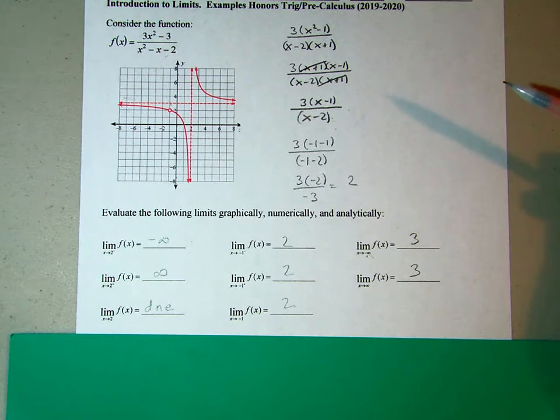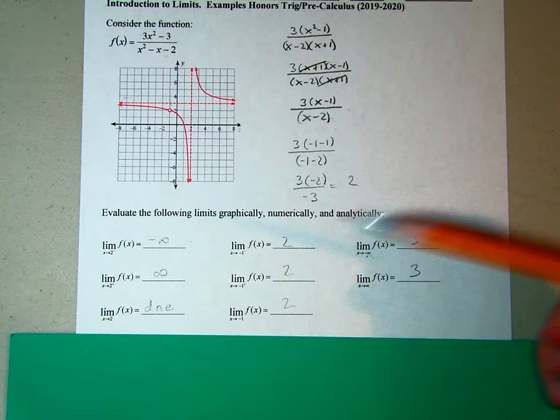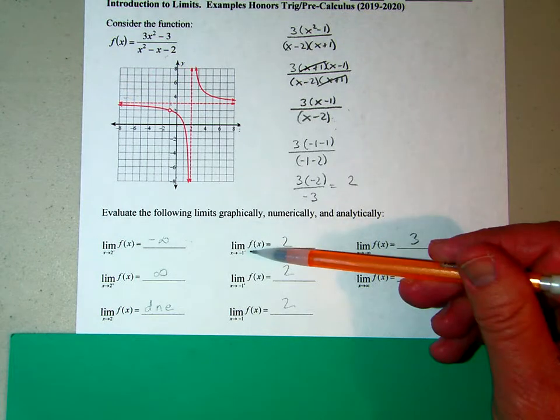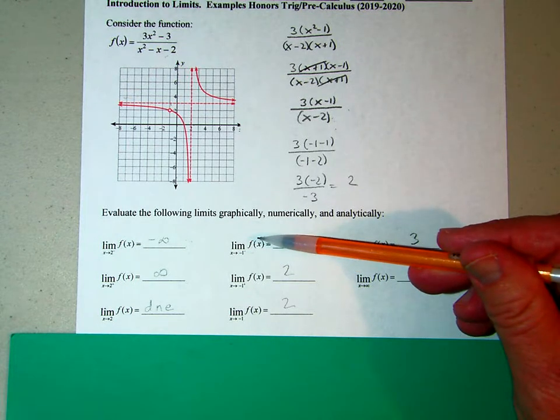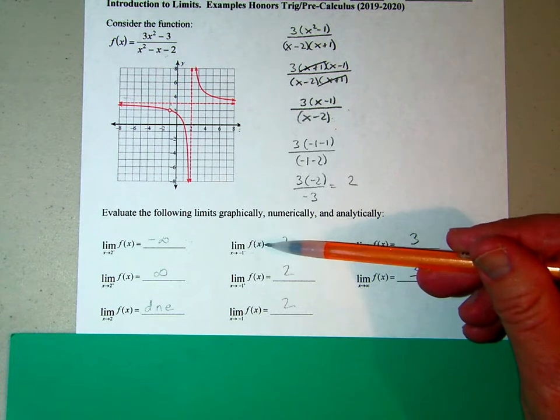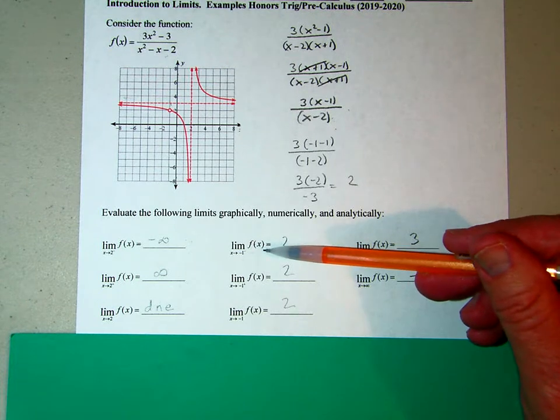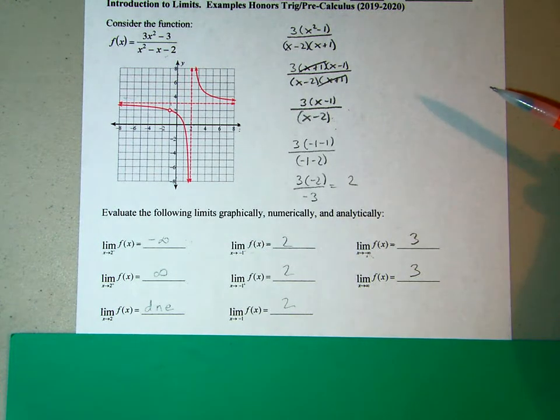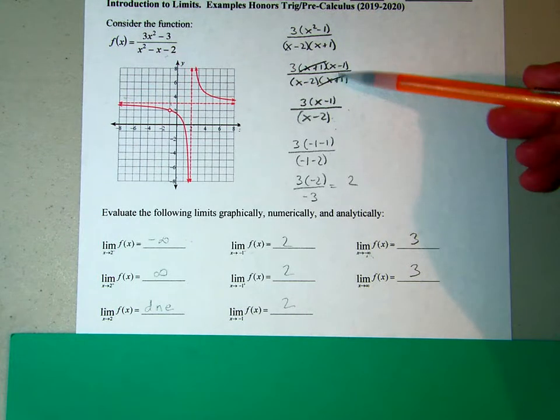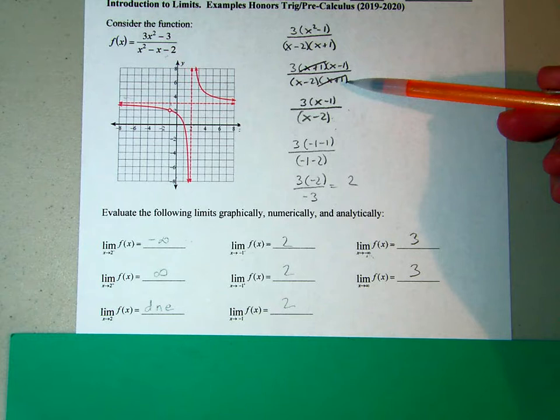Now, analytically, for approaching the hole, one of the things we talked about back when we did our graphing rational functions unit was that you can find the y coordinate of the hole by plugging an x value into the simplified version. We know there's a hole because the x plus 1s canceled. That's something we learned a long time ago.